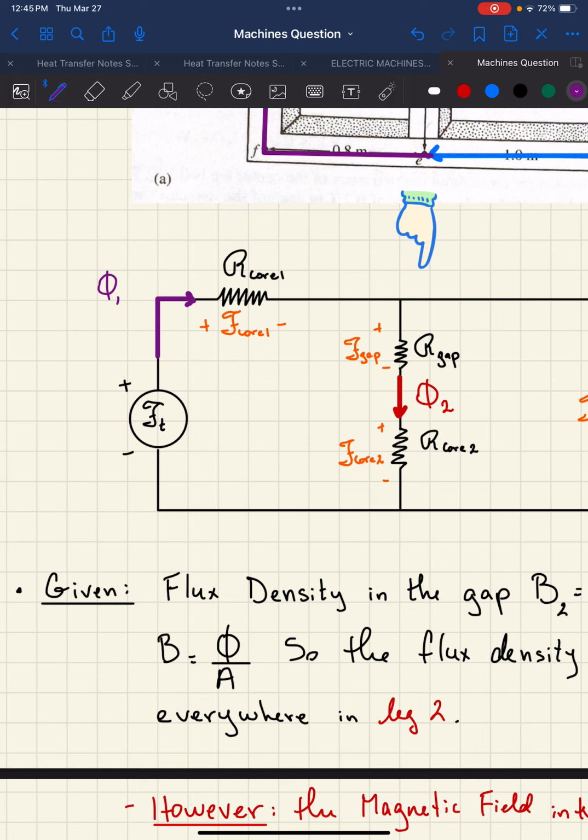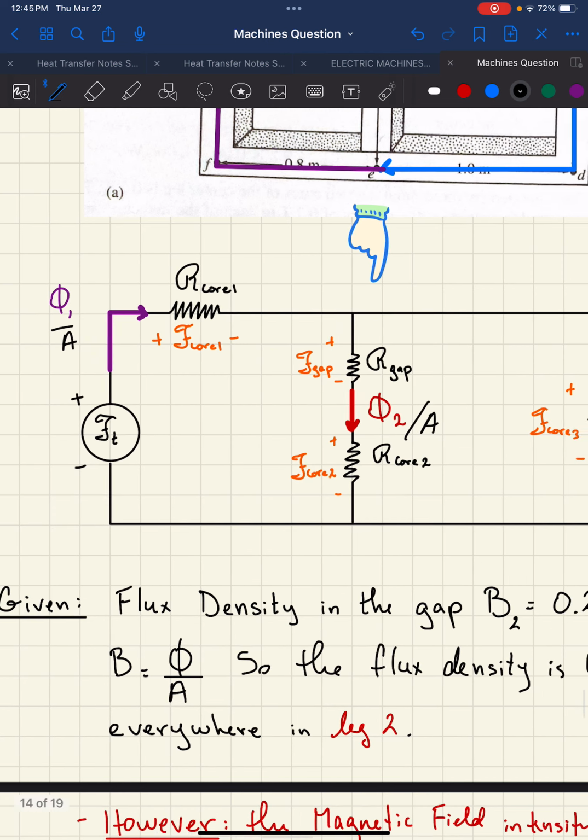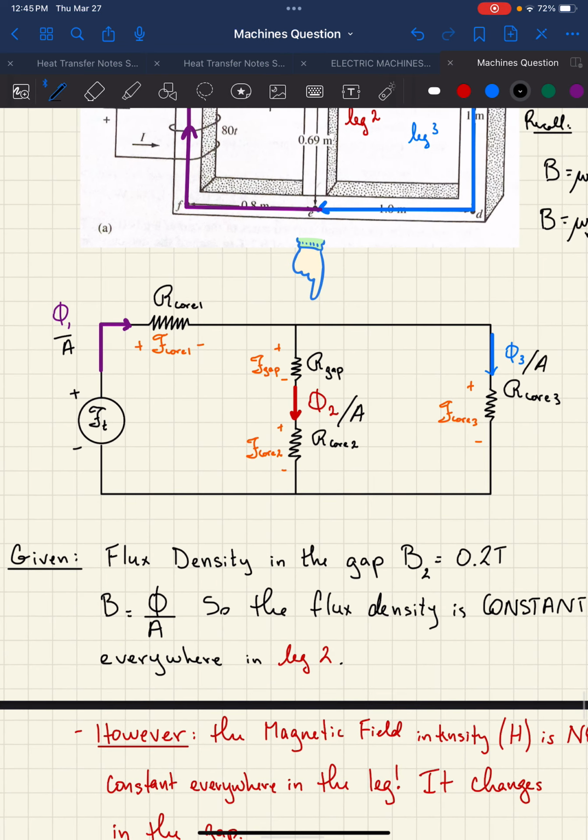By the way, I mentioned this before, but in case I didn't make it obvious, everything here has the same area. So basically, if I do this and I do this, it doesn't matter because they're all the same. So the total B1 flux density in here is going to be equal to the flux density here plus the flux density here.